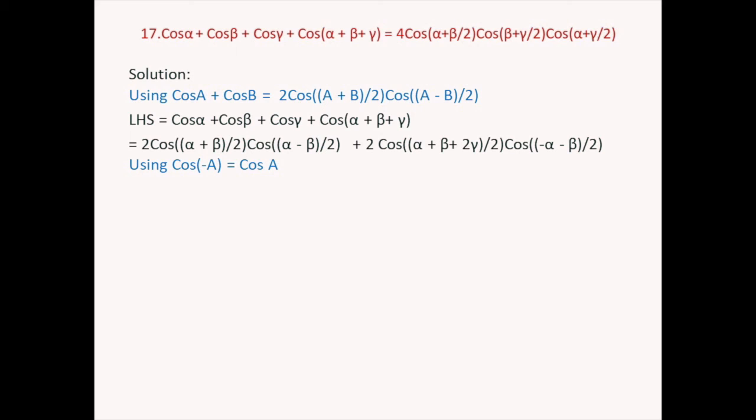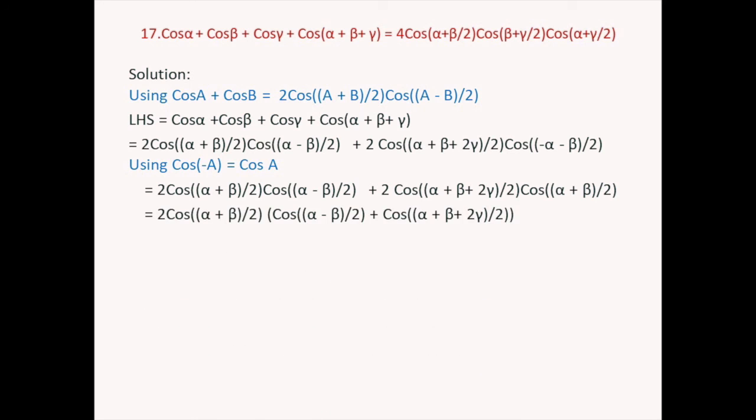When I apply that identity, I get 2 cos of (alpha plus beta) by 2 cos (alpha minus beta) by 2 from the first one, and the second one I get 2 cos of (alpha plus beta plus 2 gamma) whole upon 2 times cos of (minus alpha minus beta) whole by 2. Now I know cos of minus a is equal to cos of a, so replacing that, I get 2 cos of (alpha plus beta) by 2 times cos of (alpha minus beta) by 2 plus 2 cos of (alpha plus beta plus 2 gamma) by 2 cos of (alpha plus beta) by 2.